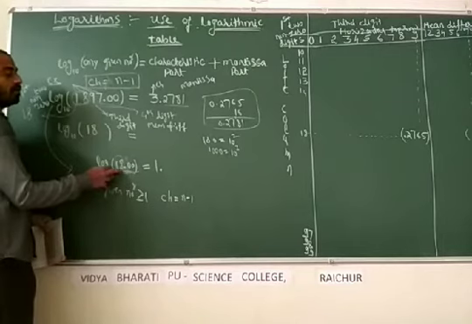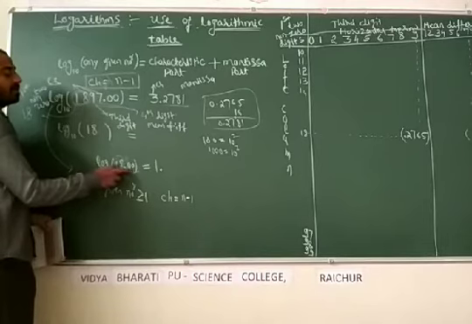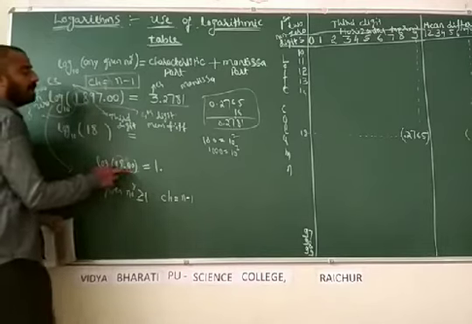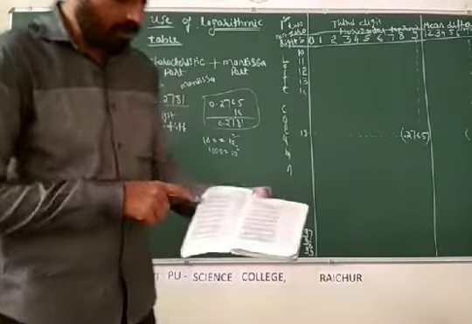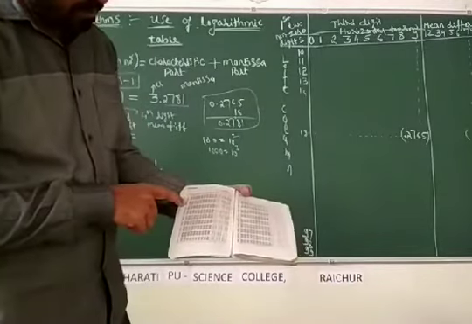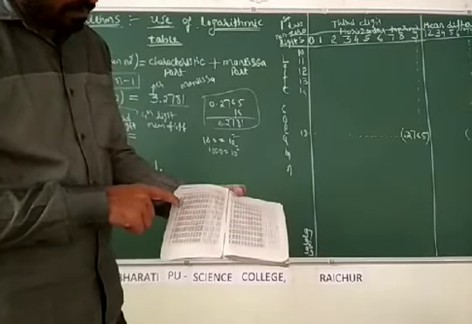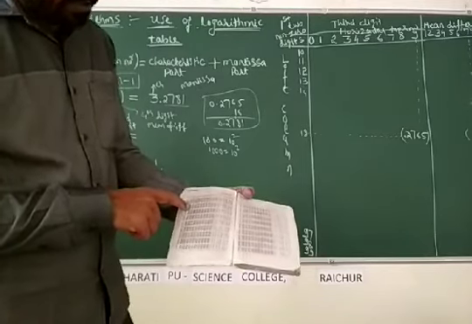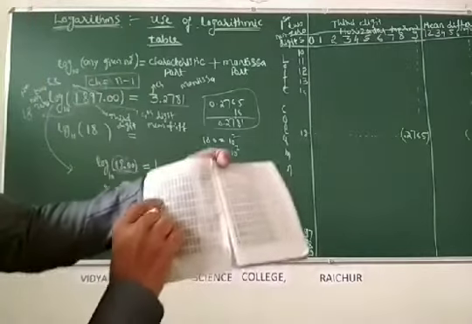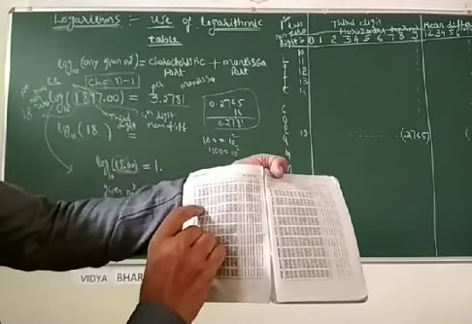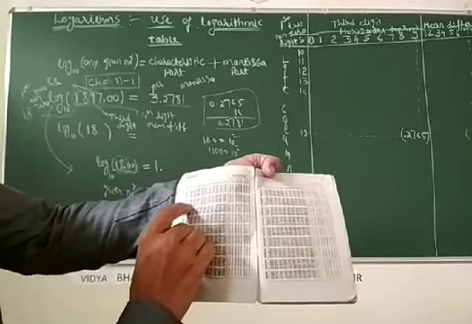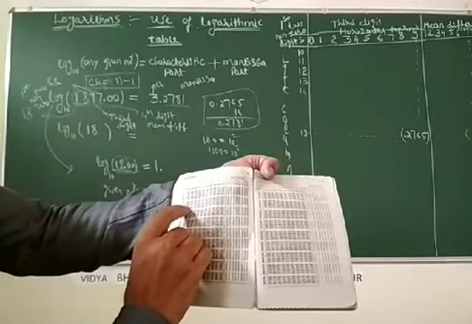Then to find the mantissa part of this example, 18, how do we have to follow the table? First two non-zero digits, 18, third digit 0. We look at 18 under 0 in the same logarithm table: in the left column 18, in the horizontal top row 0.